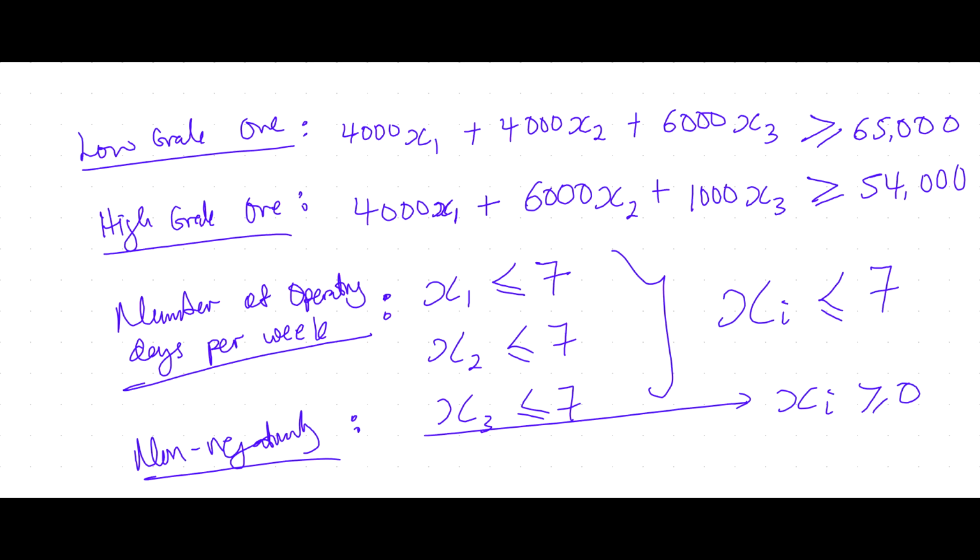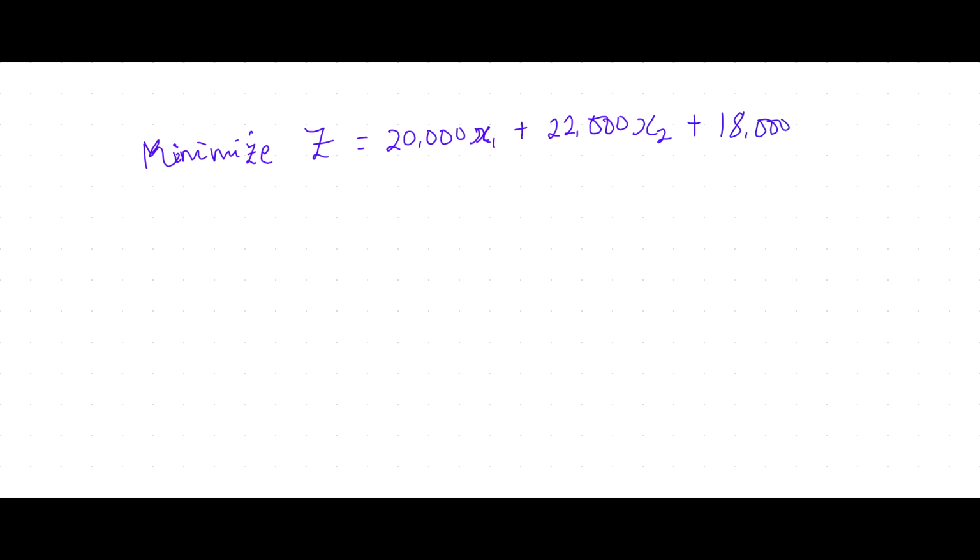So when this is formulated, remember you have to put it in a mathematical modeled framework, which is you want to minimize Z. Sample, use S instead of Z, and it's 20,000 X1 plus 22,000, that's the cost for mine 2, and 18,000 X3.